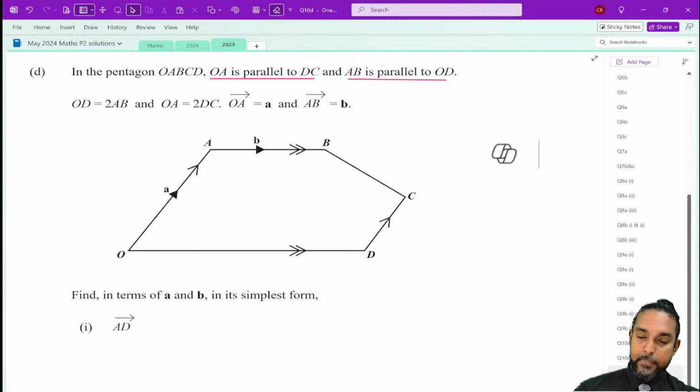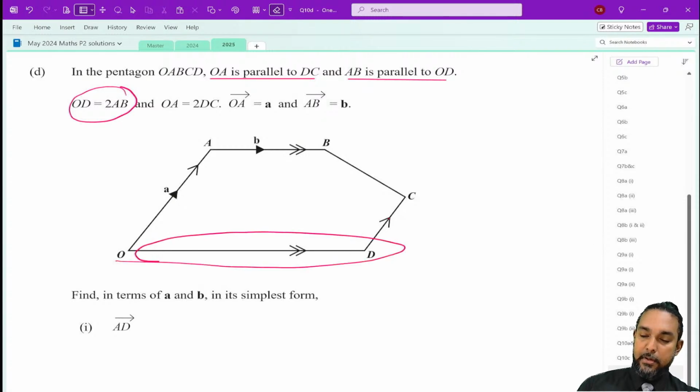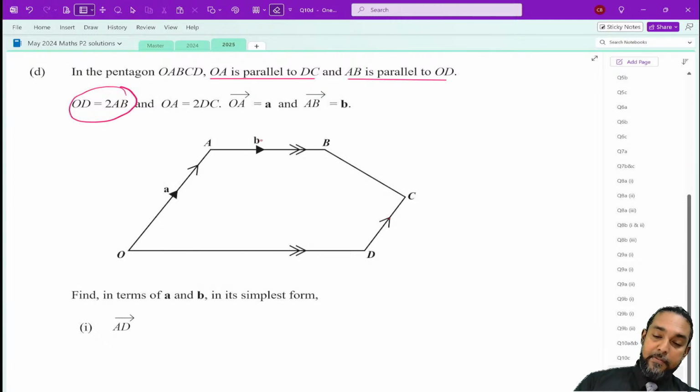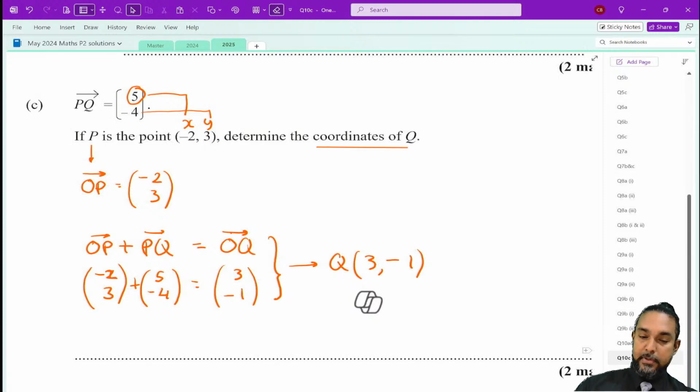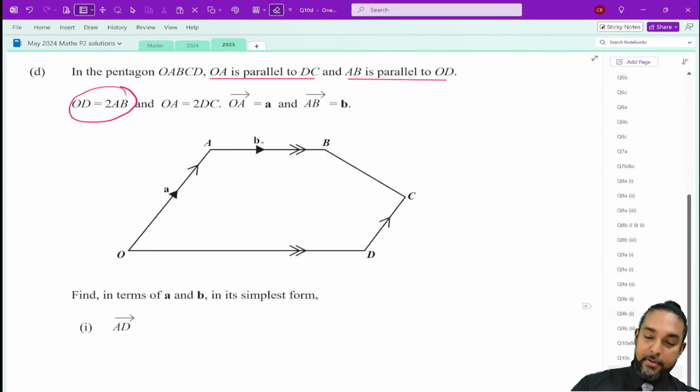Thanks very much. Sorry, so it says here OD is double AB. Look, the vector along AB is just small b. So instead of giving us a horizontal and vertical, like they did in the previous part of the question, they just gave us a common letter.